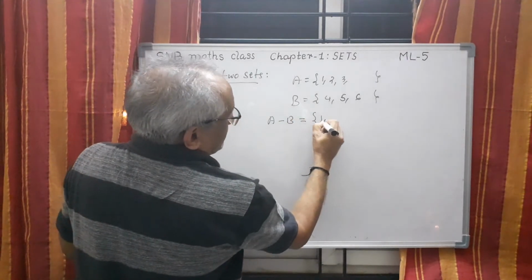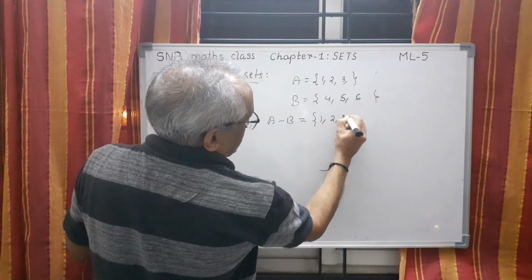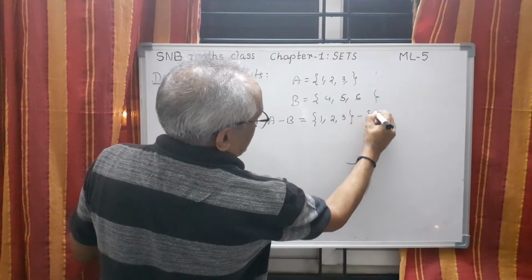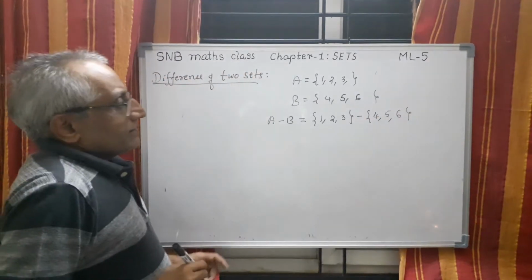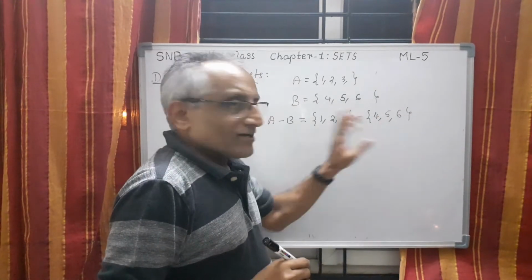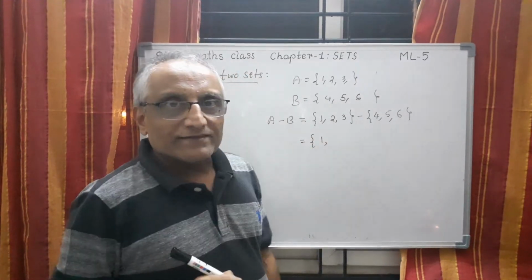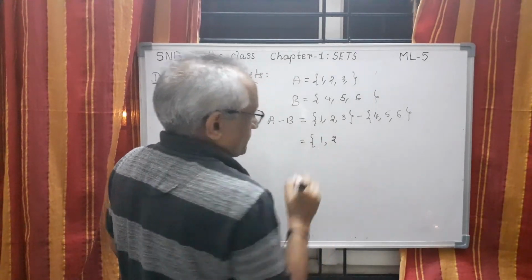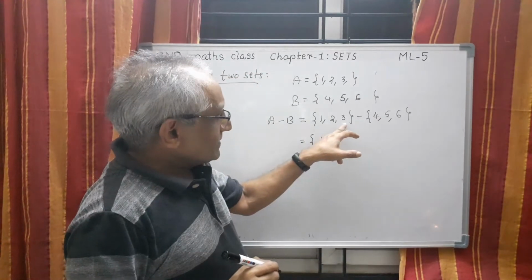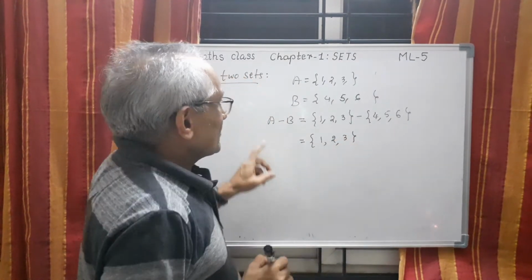So 1, 2, 3 minus 4, 5, 6. 1 is here, but 1 is not here. Therefore, definitely I have to write 1. Then 2 is here, 2 is not here. Therefore, definitely I have to write 2. 3 is here, 3 is not there. Therefore, I have to write 3. Stop. So we are getting A only.